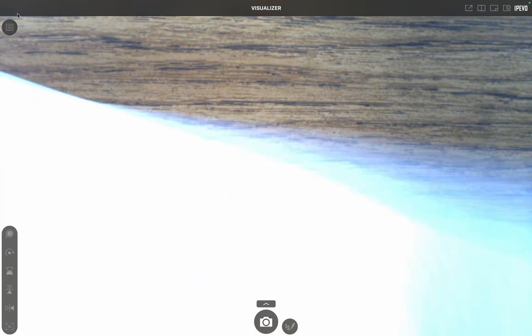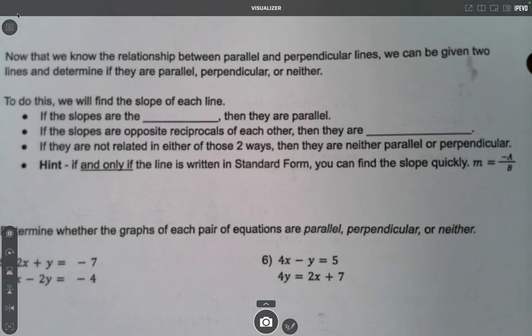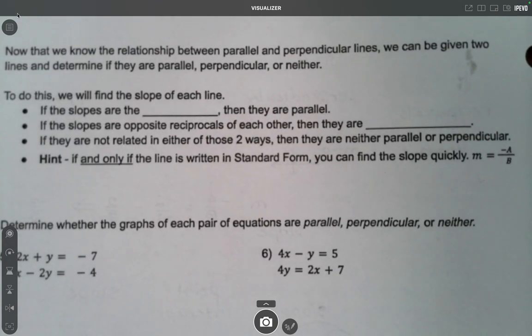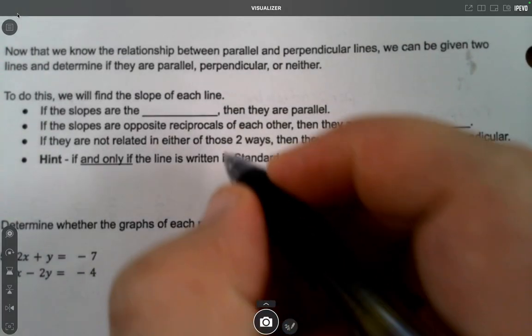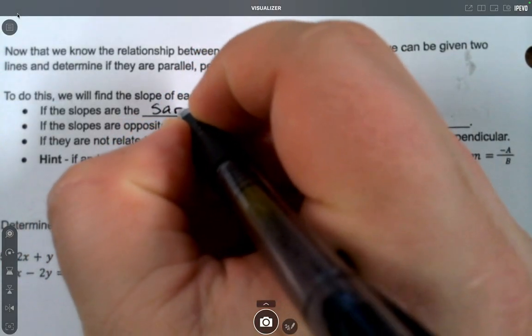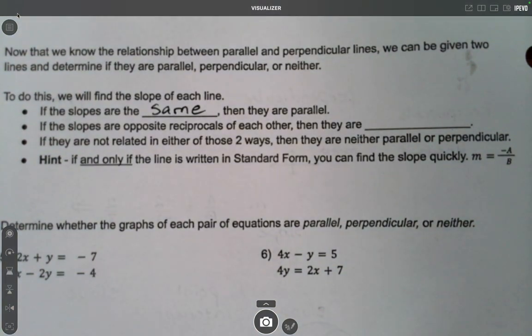Okay, we're going to do a few on the back as well, because now that we know both parallel and perpendicular, there's one more skill they want us to know, and that's to compare two lines and figure out, are these two lines parallel, are they perpendicular, or are they neither? So to do this, we'll have to figure out the slope of each line. If the slopes are the same, then the two lines are parallel.